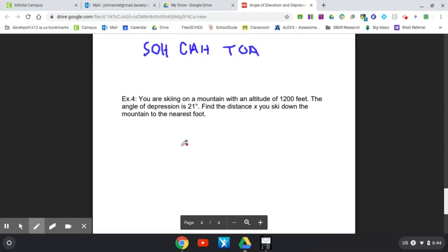So you're skiing down a mountain with an altitude of 1,200 feet. The angle of depression is 21 degrees. Find the distance x you skied down the mountain to the nearest foot.